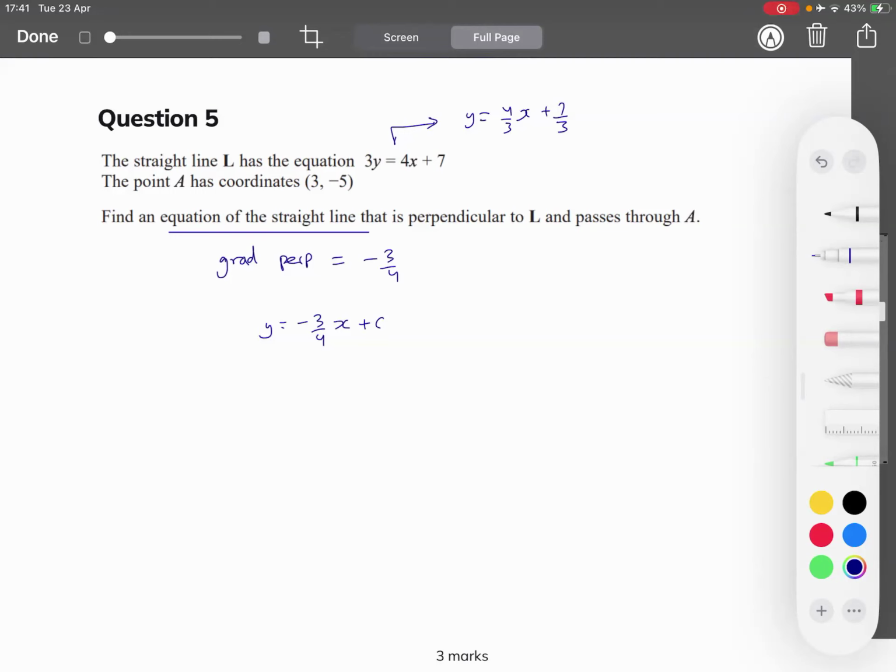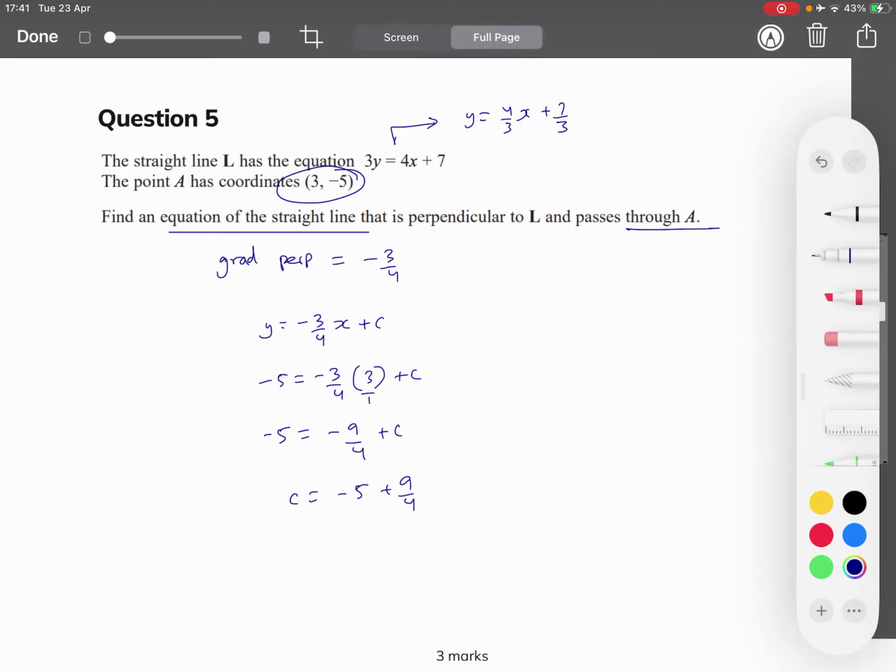And in order to work out the c, we sub in our coordinates. So we get minus 5 equals minus 3/4 times 3 plus c. Minus 5 equals, make that over 1 and times them, so minus 9/4 plus c. And then c equals minus 5 plus 9/4, but we have to actually work it out.